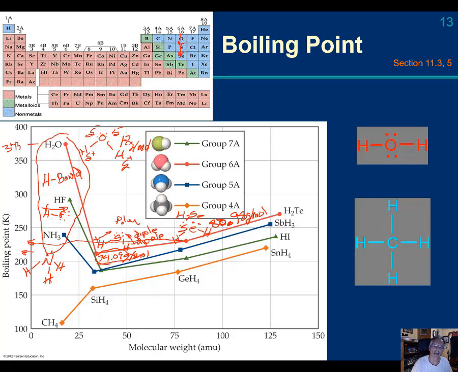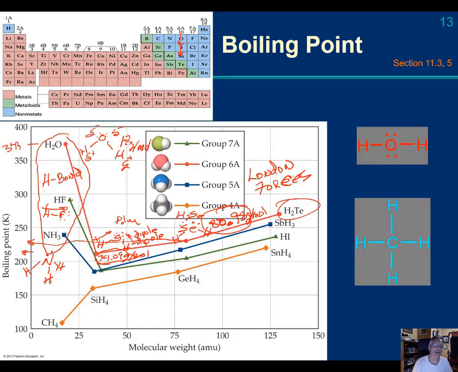Hydrogen selenide has a molar mass of 80.98 grams per mole. And so what's happening is the molecules are getting bigger and heavier with more surface area. And what is increasing? London forces. The London dispersion forces, also known as induced dipole forces, van der Waals forces, even though it's the weakest force, it's getting bigger and bigger and bigger because the molecules are getting bigger.